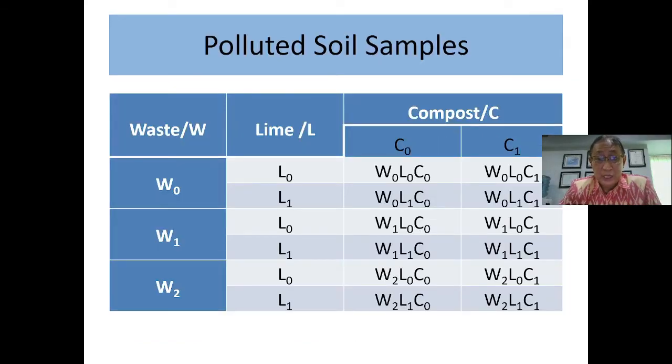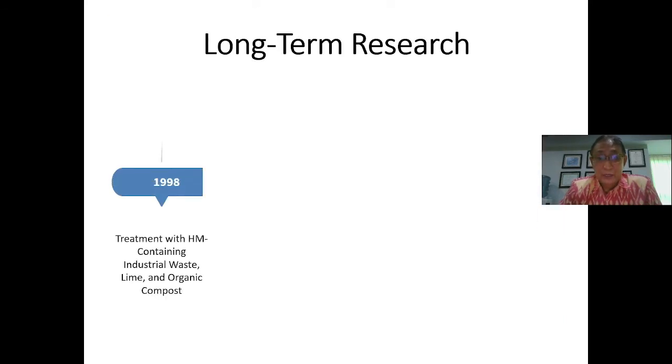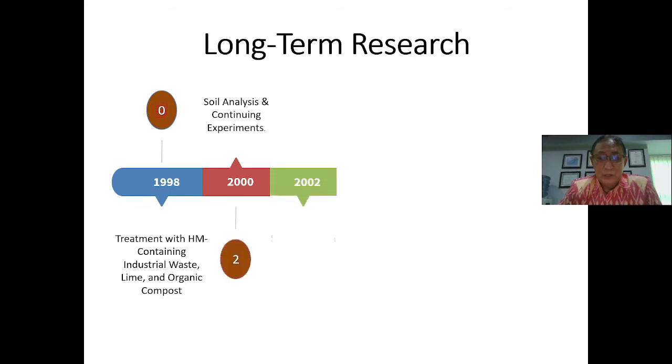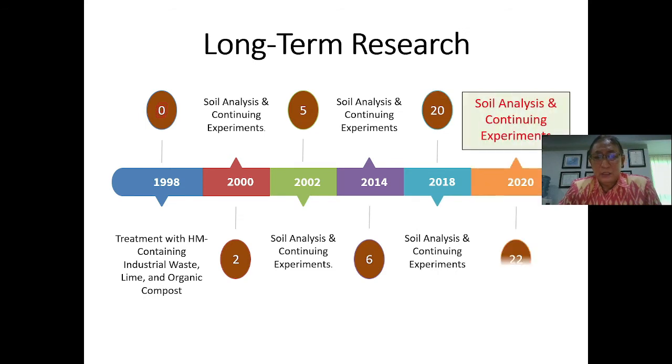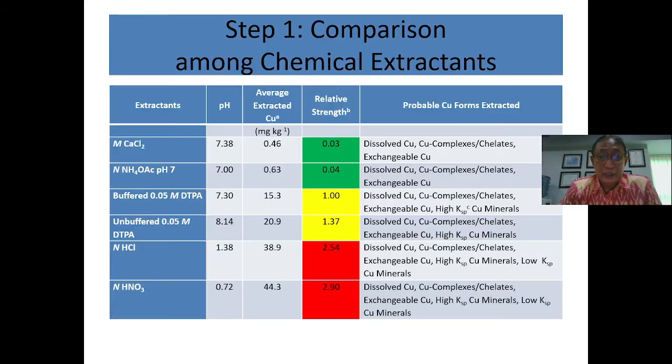The existing heavy metal contaminated soil sample is like this. We have W here for waste, L for lime, and C for the cassava leaf compost. And this experimental field was actually included in a long-term research I conducted from 1998 until currently.